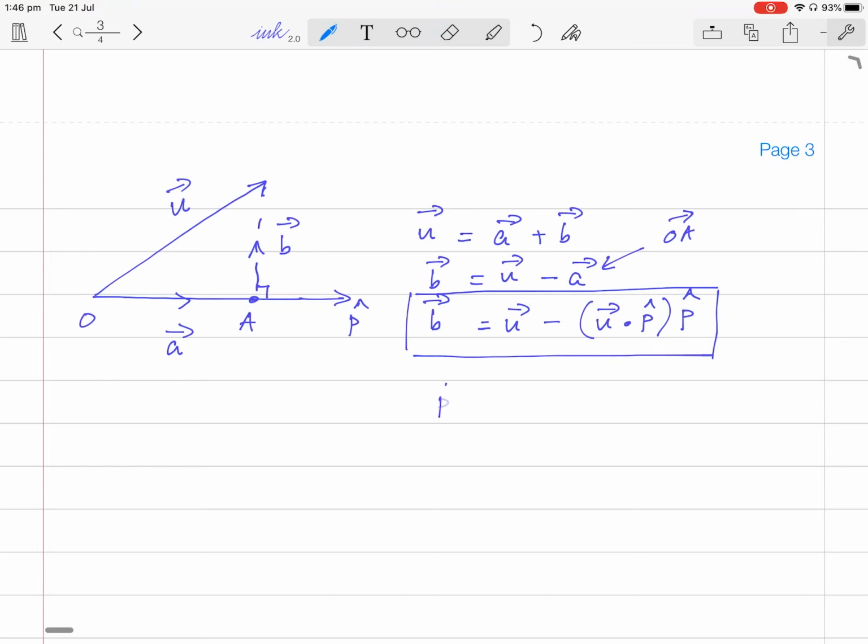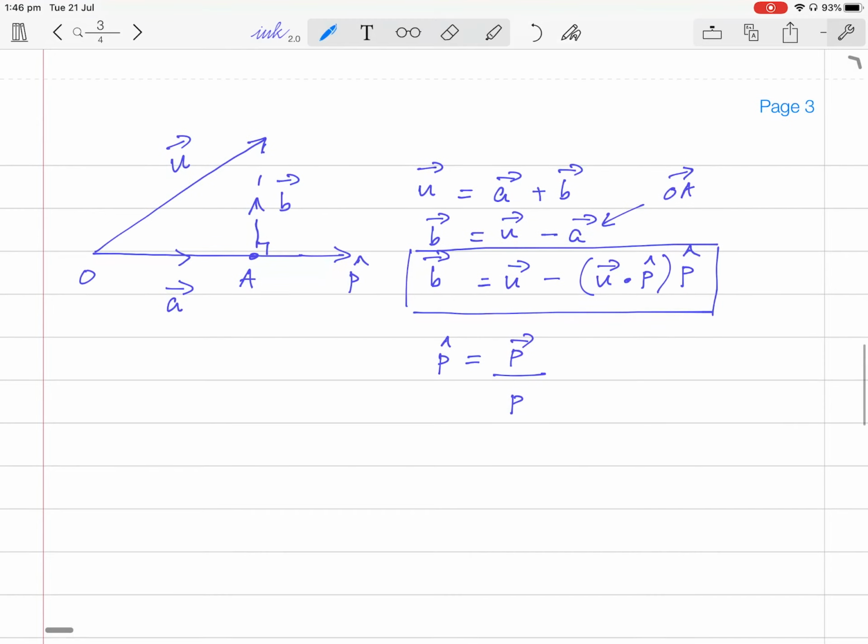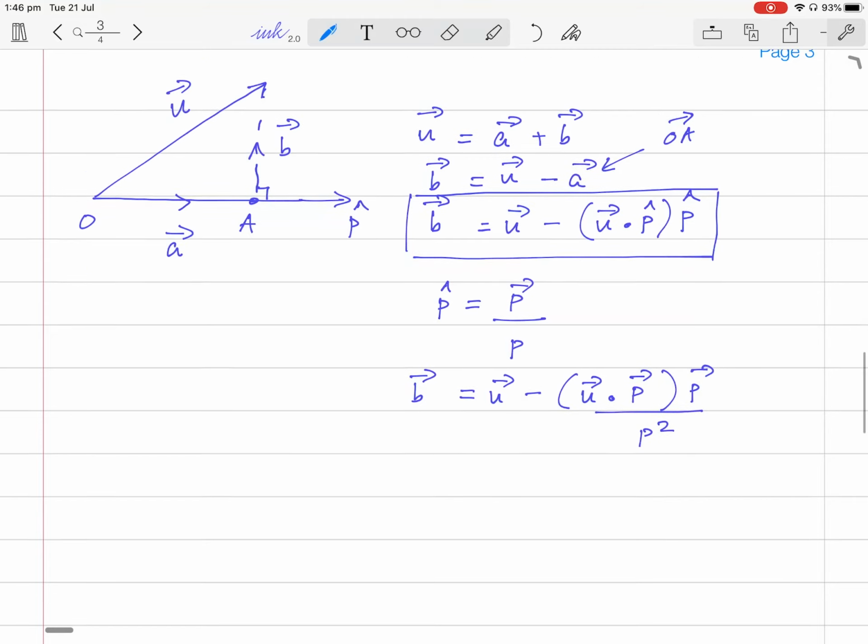Now, knowing that P hat is P vector divided by P, one can write B is equal to U minus U dot P vector times P vector divided by P squared.